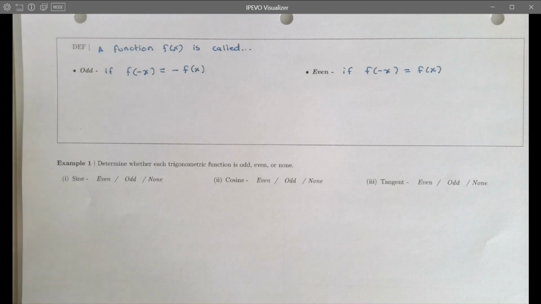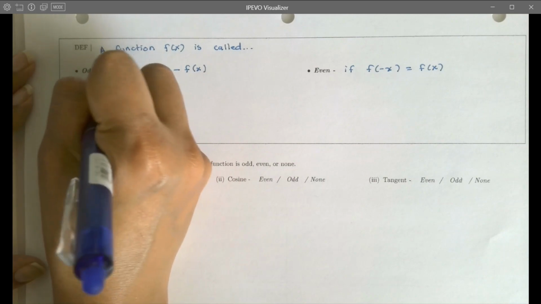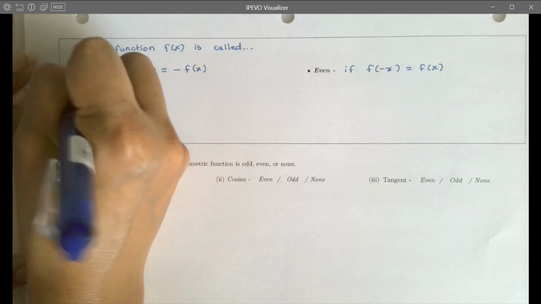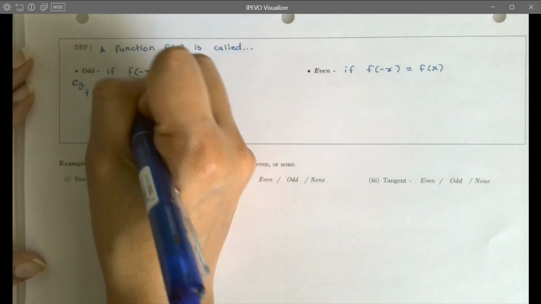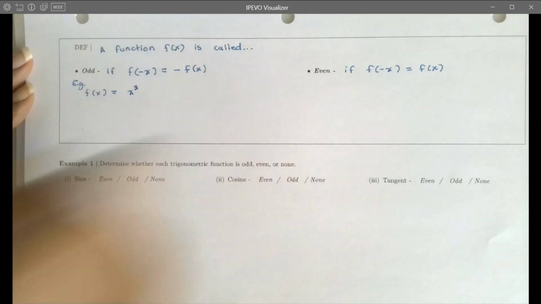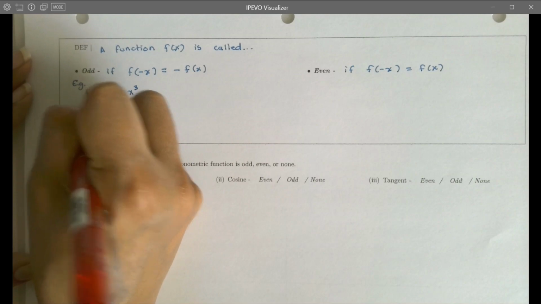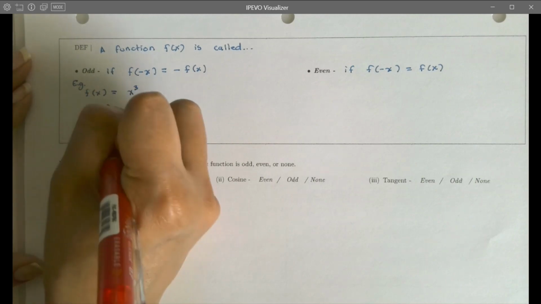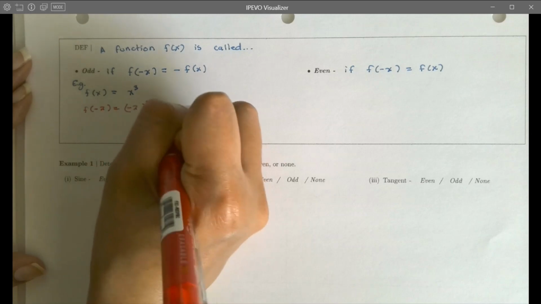So for instance, if you take a look at f of x equals, and this is an example, so I'll write e.g. f of x equals x cubed, for instance. Okay. If we take a look at what is f of negative 2, well, f of negative 2 will be negative 2 cubed, which is negative 8.